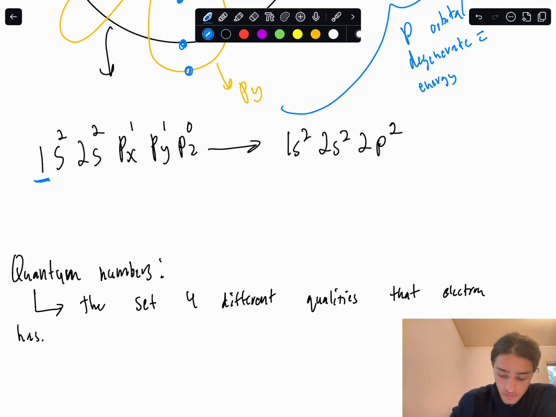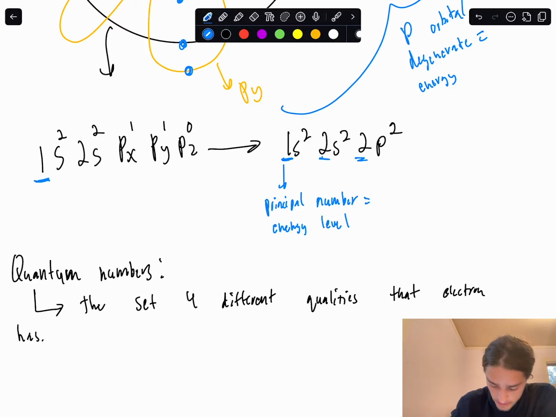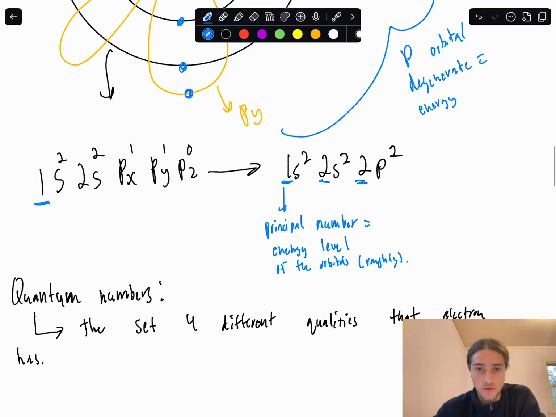So that being said, the principal quantum number is the numbers: the 1 of the 1s, and the 2 of the 2s. This is the energy level of the orbitals, roughly. What it's roughly saying is that orbitals that have the same principal quantum number are similar in terms of energy.